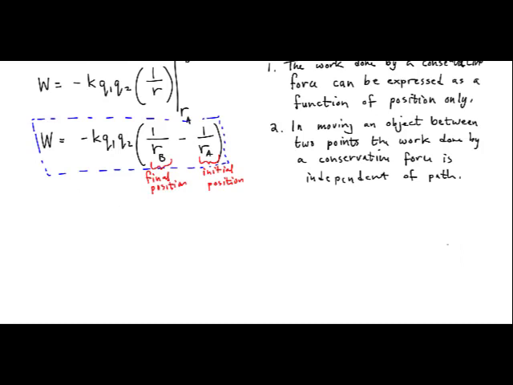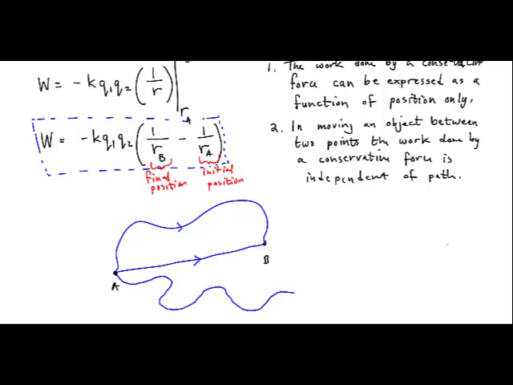It means if you start an object at a point A, and you want that object to end up at another point B, it doesn't matter how you get from point A to point B. You could go along a circuitous path, along a straight line path, or along a meandering path that takes its time. The only thing that matters is where you start and where you end.